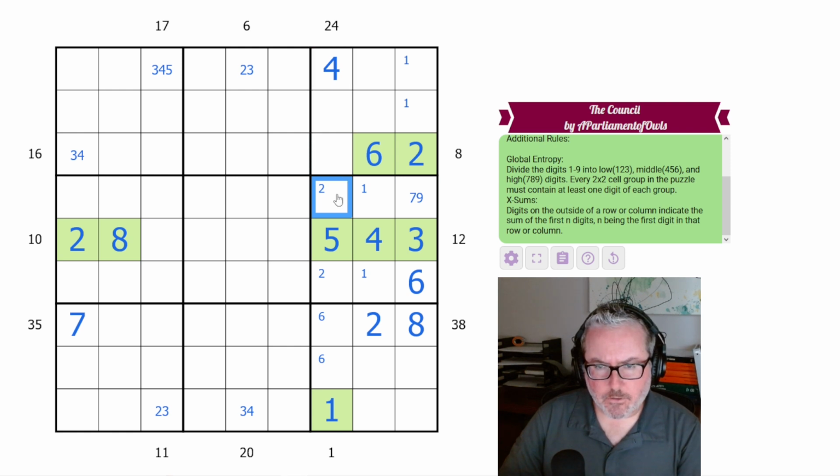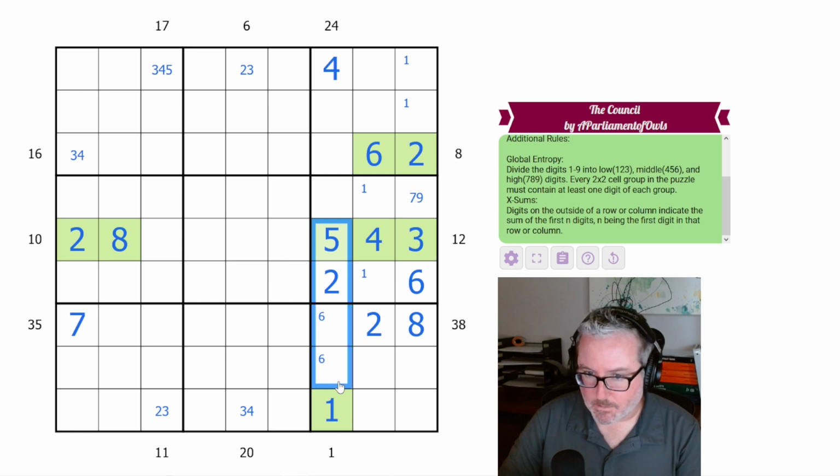I don't think this 2 is possible, is it? Because we're at 6. We'd have to get up to 18 in 2 digits. We can't do this. This is not a 2. This is 2. Let's get rid of those. Now we know we have a 6 here, and we know these have to add up to 20.